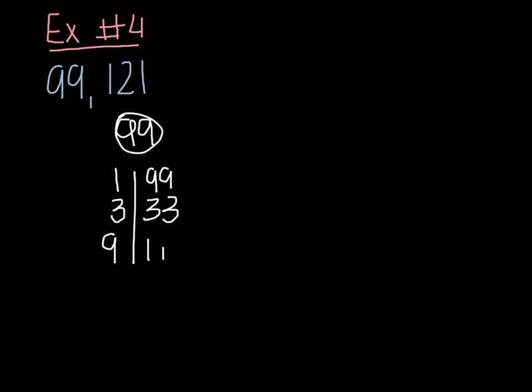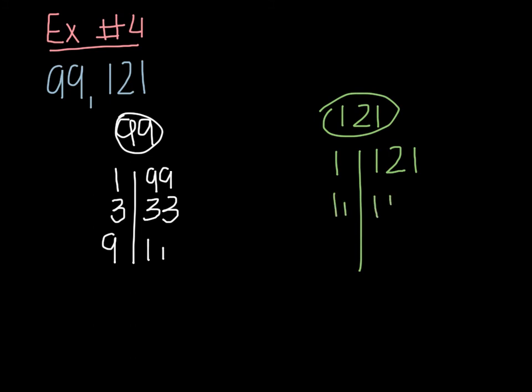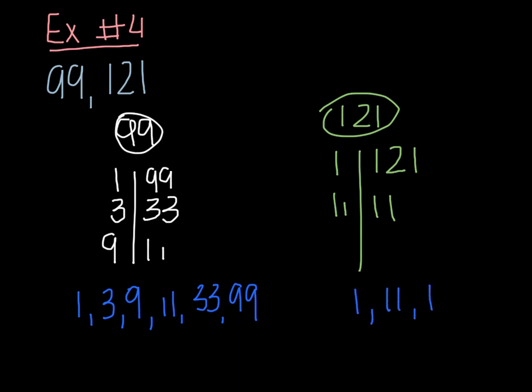Then we have 121, 1 times 121, and 11 times 11. So let's list those out. For 99, we have 1, 3, 9, 11, 33, and 99. And for 121, we have 1, 11, and 121, because I don't have to count 11 twice.